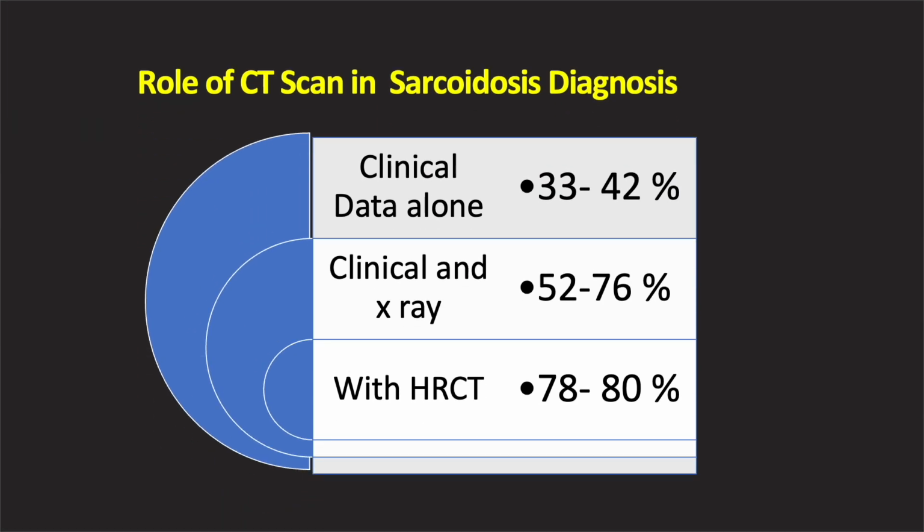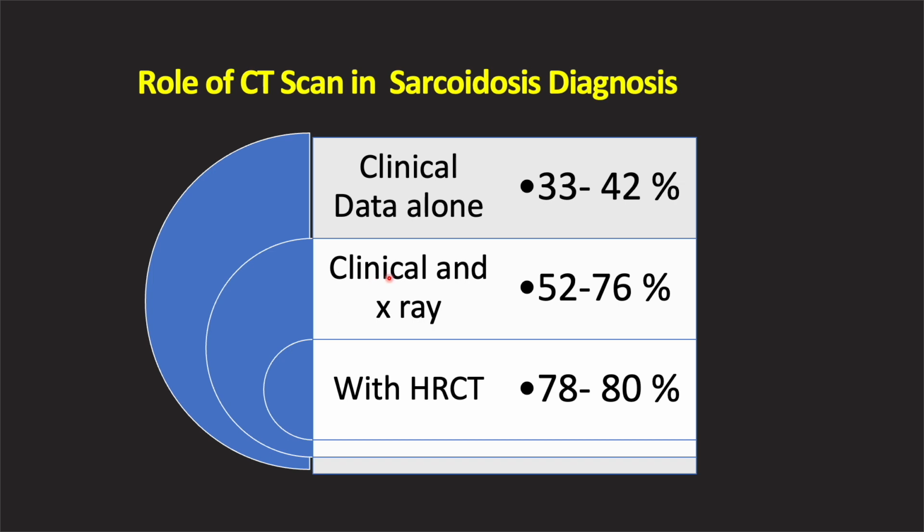So what is the role of CT scan altogether now in sarcoid diagnosis? If you just talk about clinical data, you'll be able to diagnose less than half of sarcoid patients. When you combine it with X-ray, you get around a 75-76% strong probability of sarcoid diagnosis, and that increases marginally with CT scan to 80%.